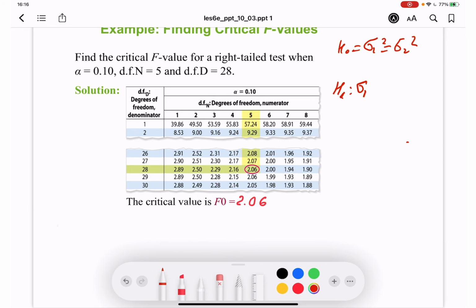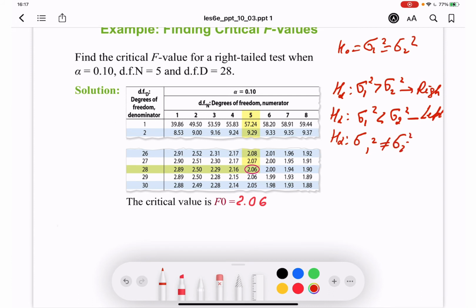Now I'm going to look at versions of the alternative. If sigma 1 squared is greater than sigma 2 squared, then we have a right tail. If sigma 1 squared is less than sigma 2 squared, we have a left tail. If sigma 1 squared is not equal to sigma 2 squared, we have two tails.